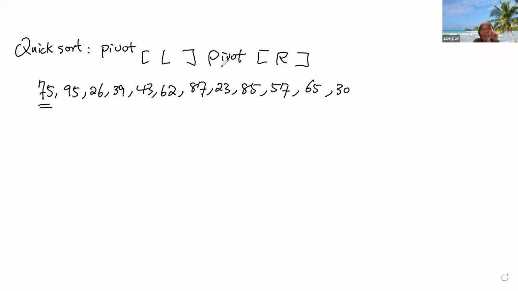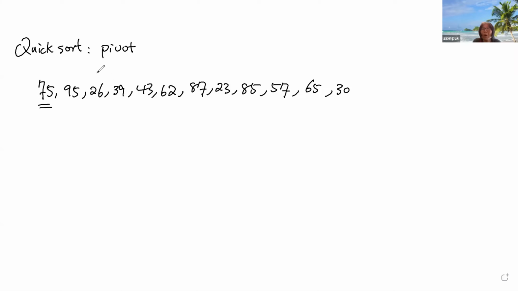In this case the pivot is 75, and all the left should be less than 75, and all the right should be greater than 75. So how do I achieve that goal? Let's see if I can erase this part. Okay, good.